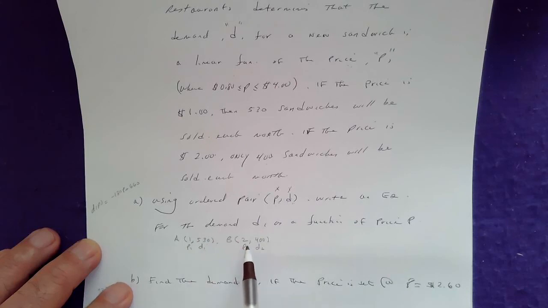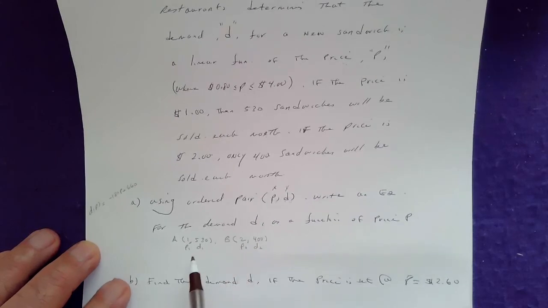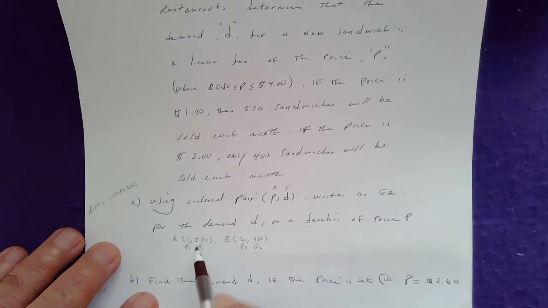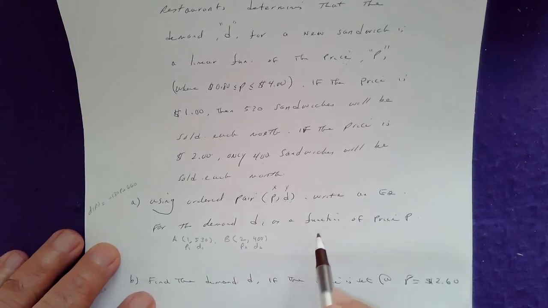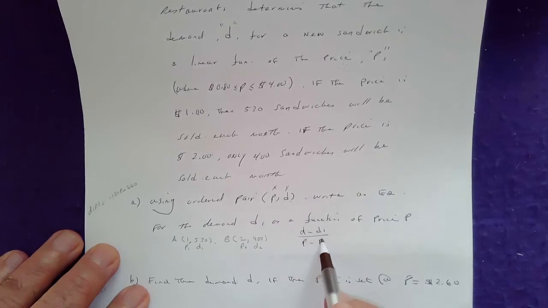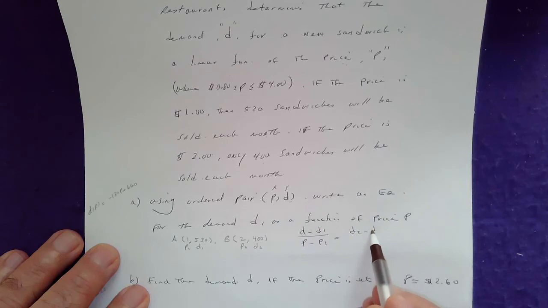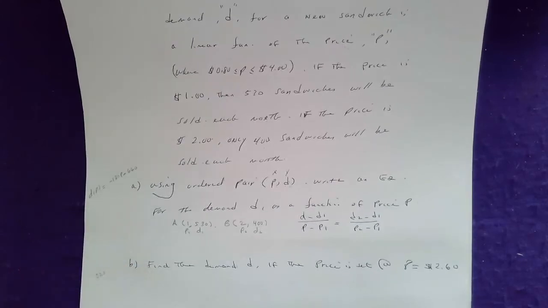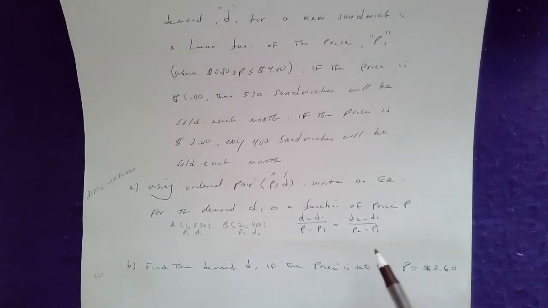If they set the price of each sandwich at $2, 400 people are going to buy the sandwiches. Okay, because I got 2 points, I'm going to use the two-point form, and that's going to go like D minus D1 over P minus P1 equals D2 minus D1 over P2 minus P1. So remember, instead of X's and Y's, we use prices and demand.